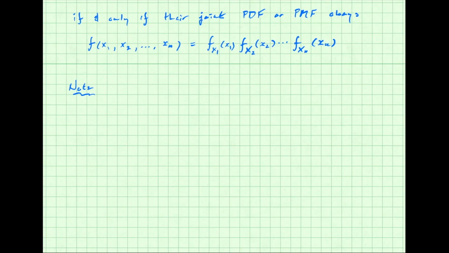Random variables x and y are independent. If that's true, then it implies that there's a special rule about how their expected values are related. The expected value of the product x times y will be equal to the product of their expected values.